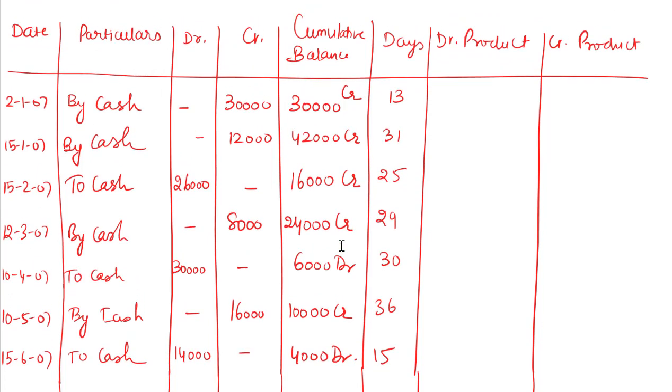Now do the debit product quickly. 30,000 multiplied by 13 is 3,90,000. It is credit, so it would be credit, 3,90,000.